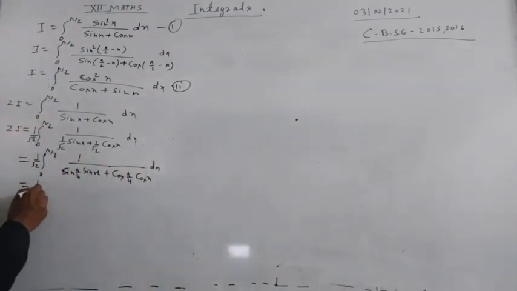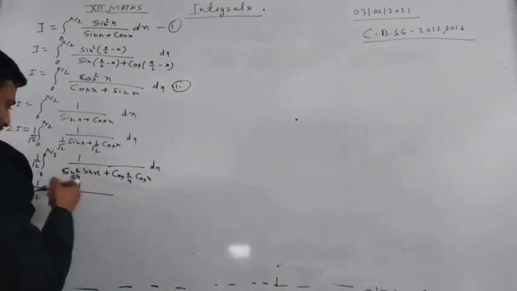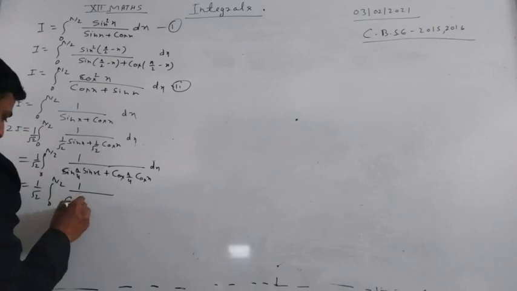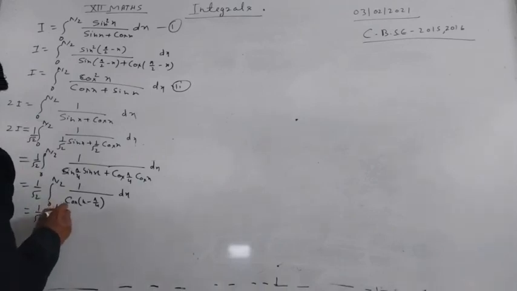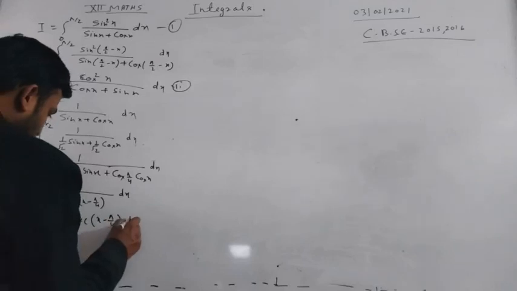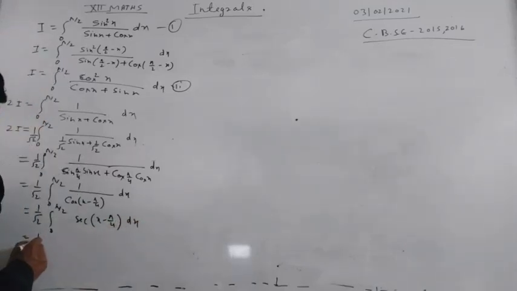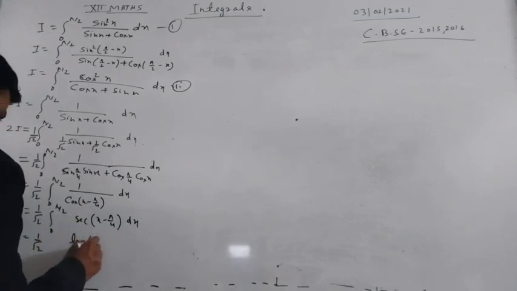Okay students, so this we can write, 0 to pi by 2, cos a cos b plus sin a sin b is cos a minus b. Now students, this we can write as 1 by root 2, 0 to pi by 2, sec of x minus pi by 4 dx.